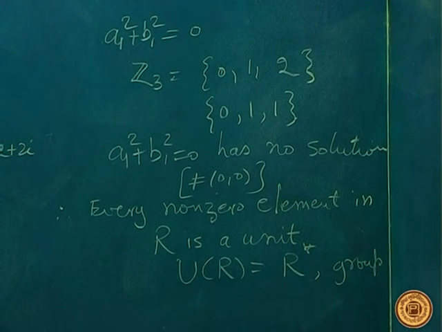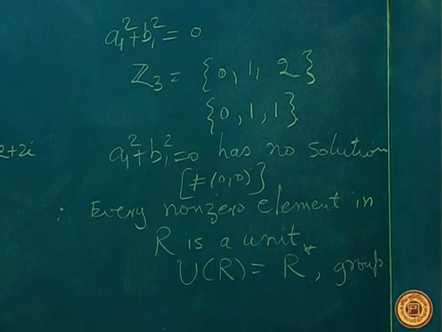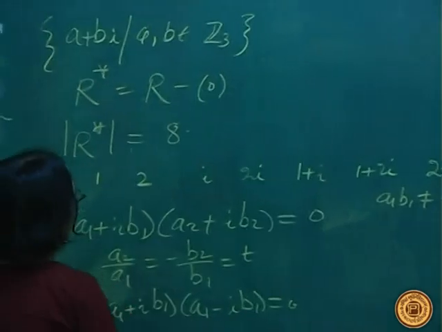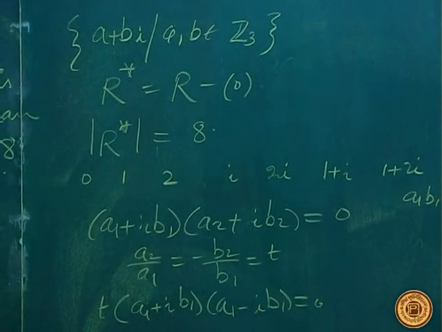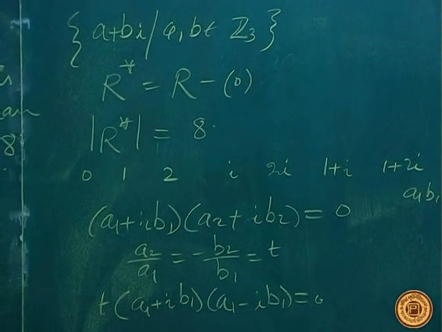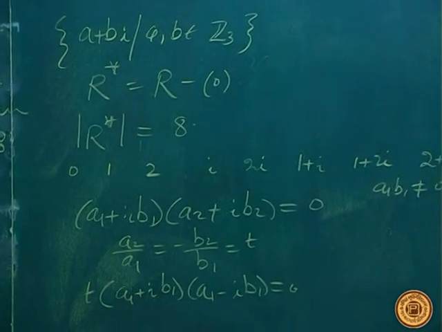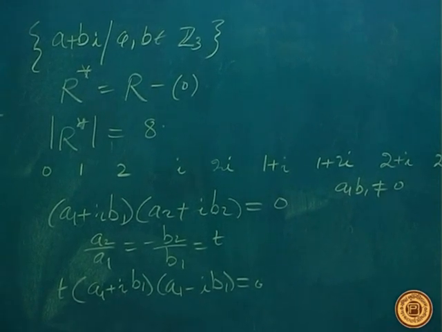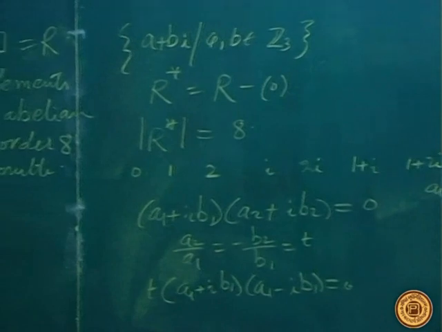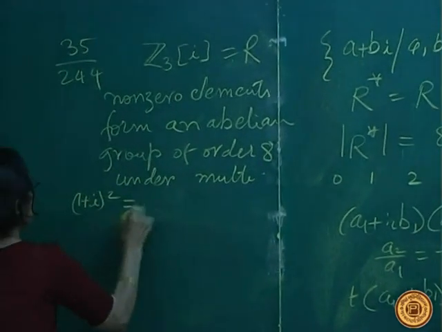Order of 1 is 1, order of 2 is also 1, order of i is 4. Order of 2i will also not give me anything good, because 2i square is i square, that is minus 1, so that order will also be 4. Let us look at the order of 1 plus i. 1 plus i square, what do I get?